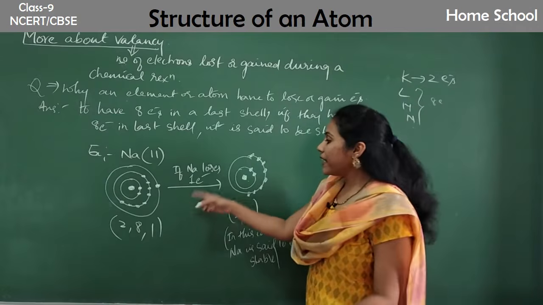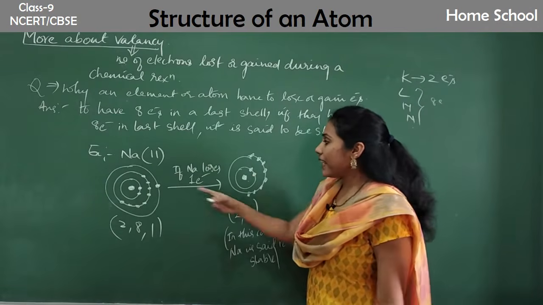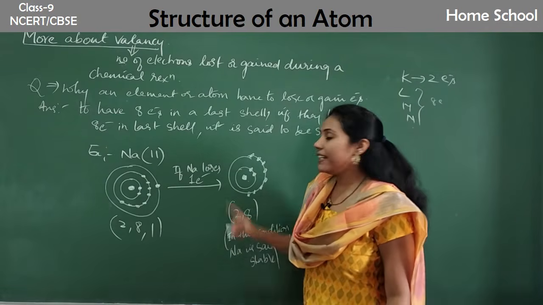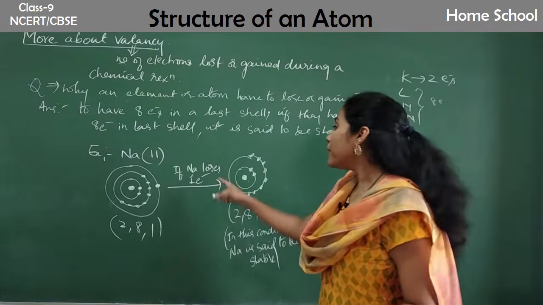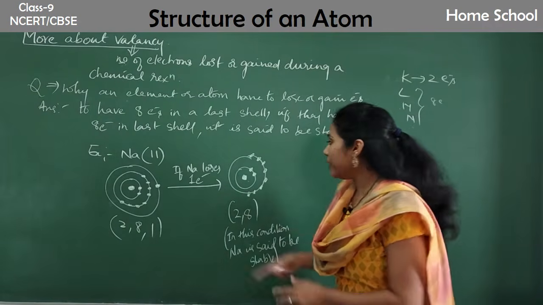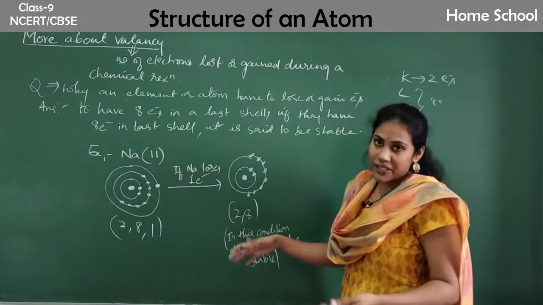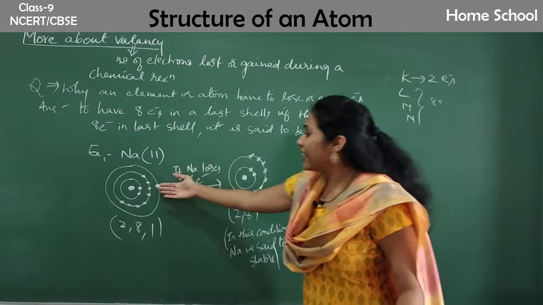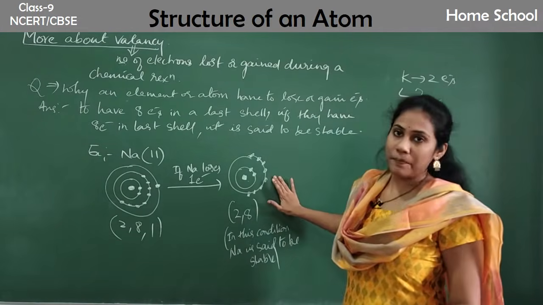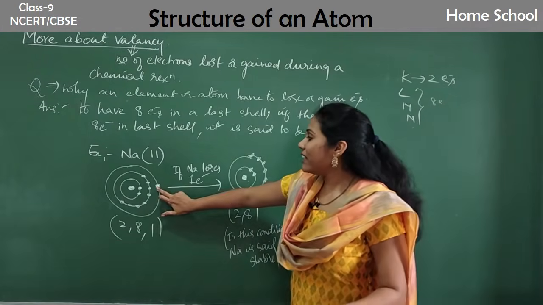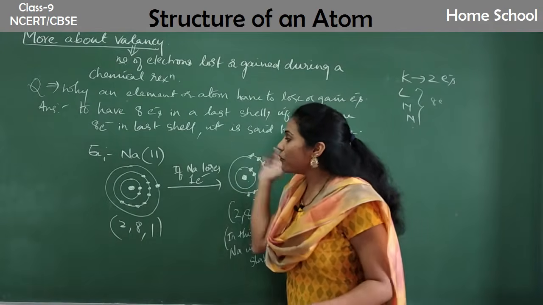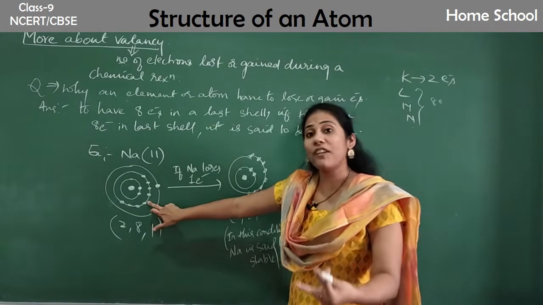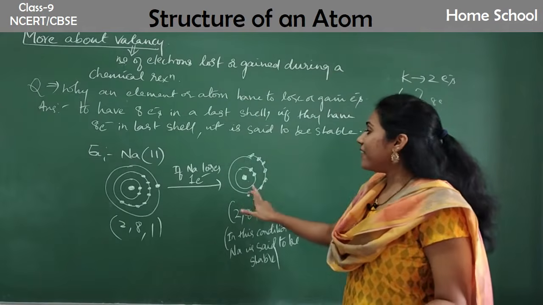Okay, say sodium, always during a chemical reaction, will try to lose how many electrons, guys? 1 electron. Because if it loses 1 electron only, it can have 8 electrons in the last shell. Now the third shell is no more the last shell here. In the third shell you had 1 electron that has been lost. Now which becomes the last shell? The second shell will become the last shell where you have 8 electrons.